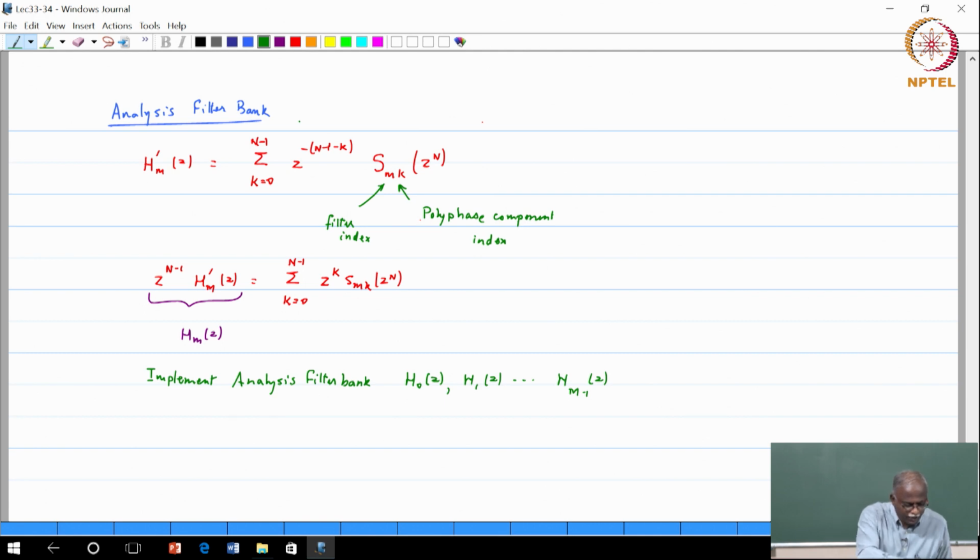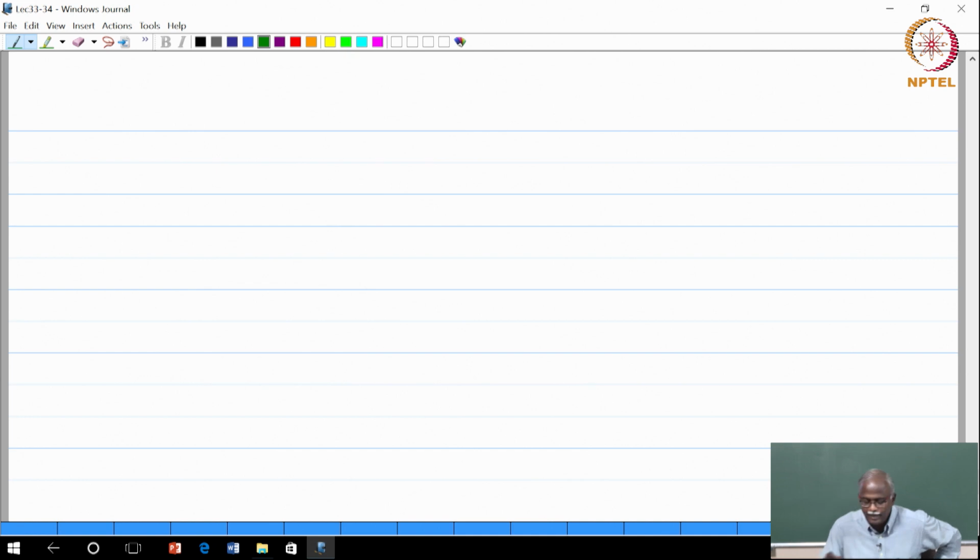So the part that we want to build in here is how do I implement this particular filter. So the analysis filter bank takes the common signal and then passes it through the filters and then splits it up. So here is the visualization of the analysis filter bank.